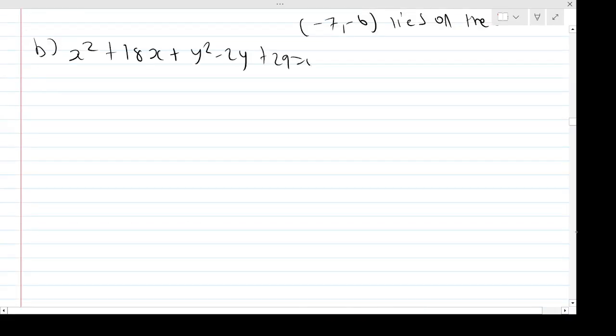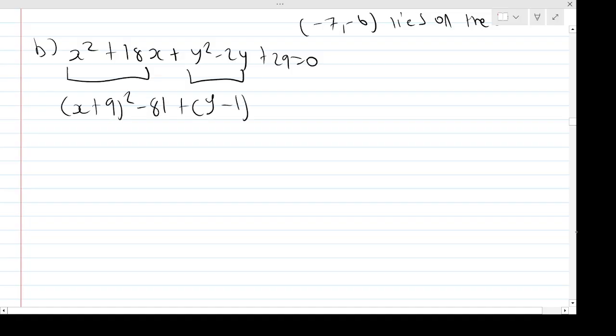To get it into the standard form of a circle to find the centre, I need to complete the square on the x and the y parts. So I get x, and then half of 18 is plus 9, all squared, take away 9 squared is 81. Then I complete the square on y: y, and half of minus 2 is minus 1, all squared, take away 1 squared is 1.